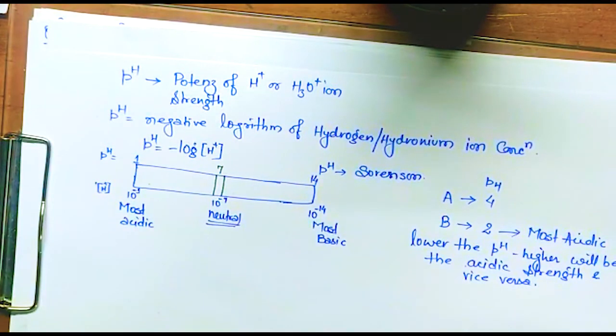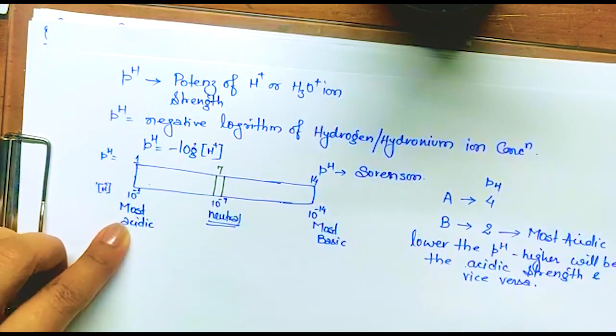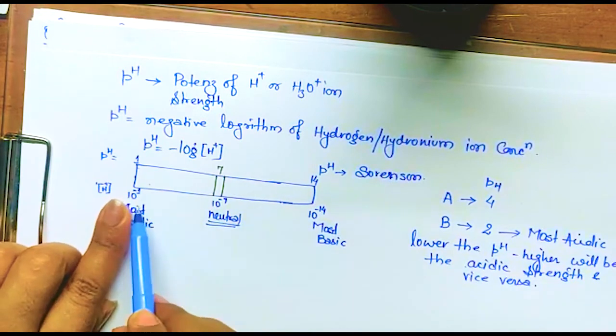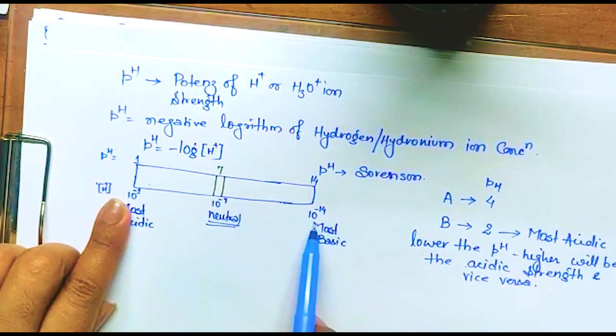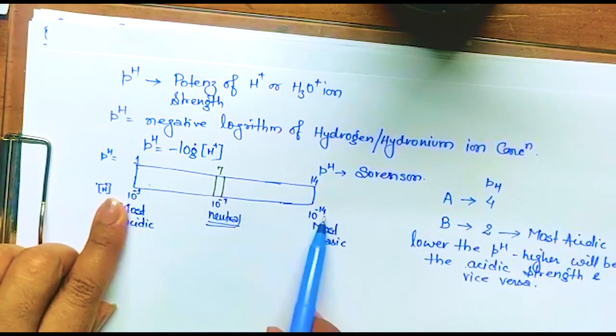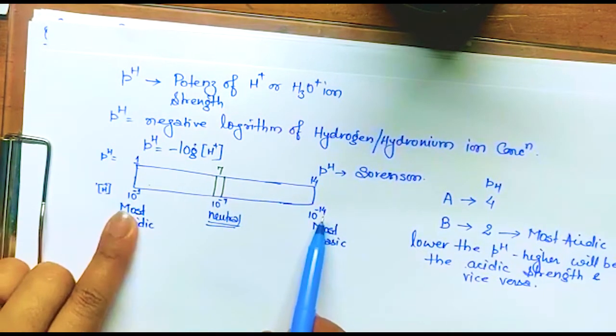So now you can see that this is the concentration minus 1. So the hydrogen ion concentration is 10 to the minus 1 here and 10 to the minus 14 here. Can you tell me which one is the bigger value? This one is the bigger value.